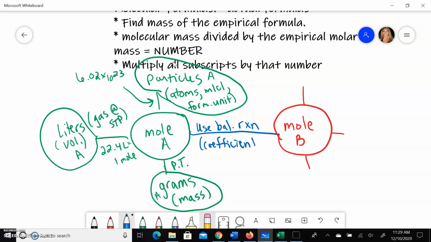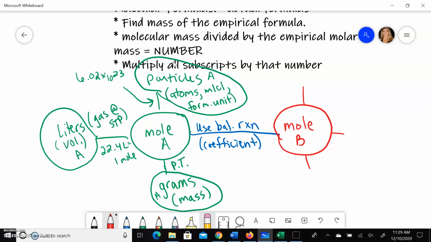So the coefficients in the balanced reaction are the mole-to-mole ratios. So this is where you set moles on top of moles in your fence, and it allows you to switch from one chemical to another. And the way you know to do that is because in the question, it will give you information about one chemical, and it'll ask you about something different. And a lot of times the question will also give you a balanced reaction, so that's another clue.